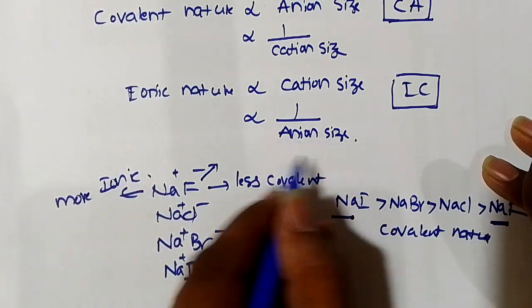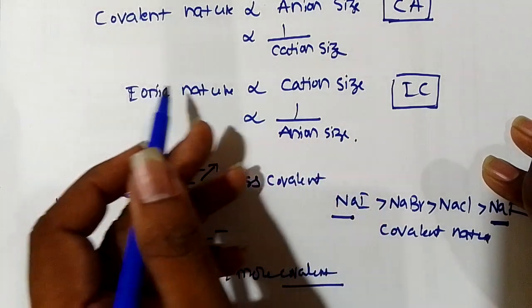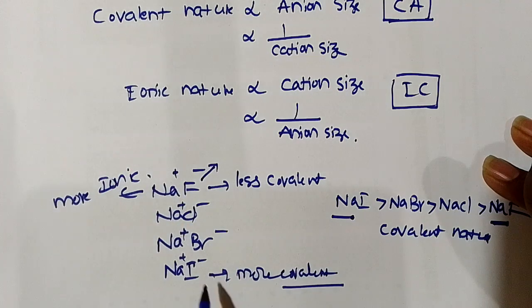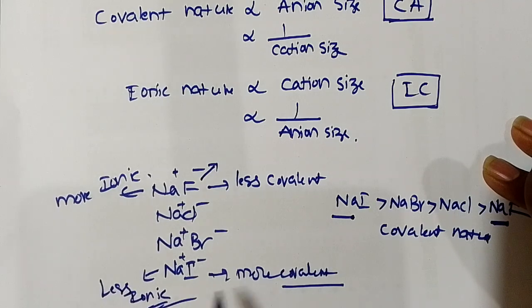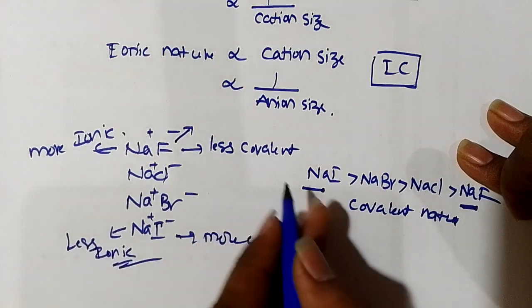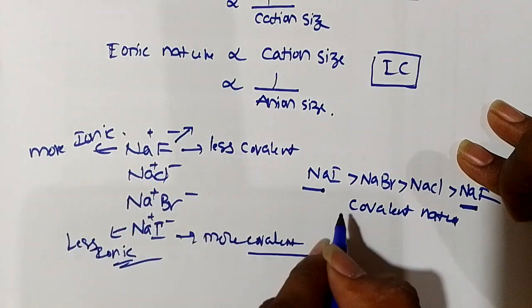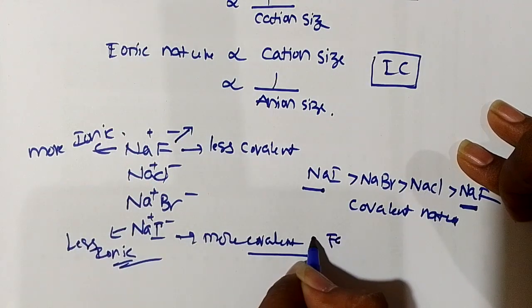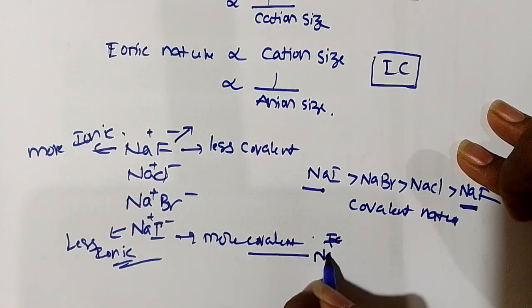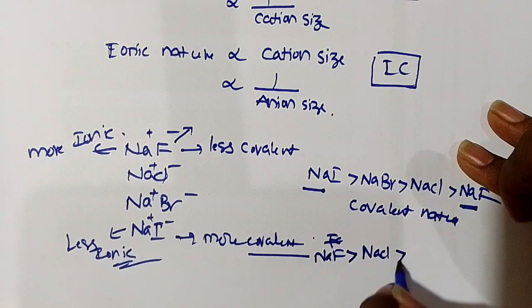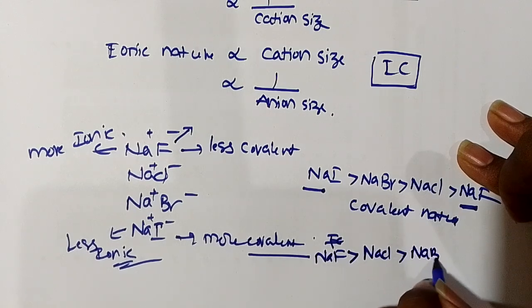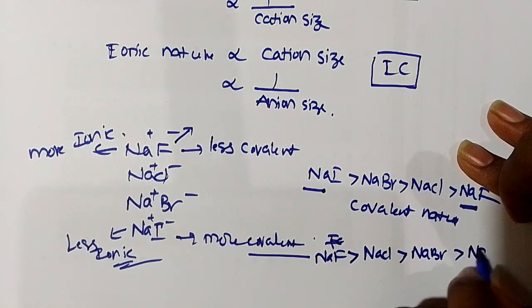And if the anion size is more, ionic nature is less. So here the anion size is more, this is less ionic. Now write the order. NaF is more ionic, followed by NaCl, NaBr, NaI.